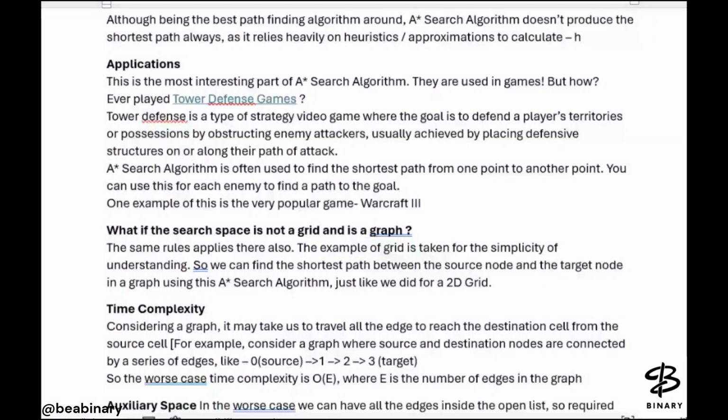For every algorithm, we define the time taken by the algorithm to execute. So how will we define the time complexity here? How much time does it take to go from the source node to the goal node?